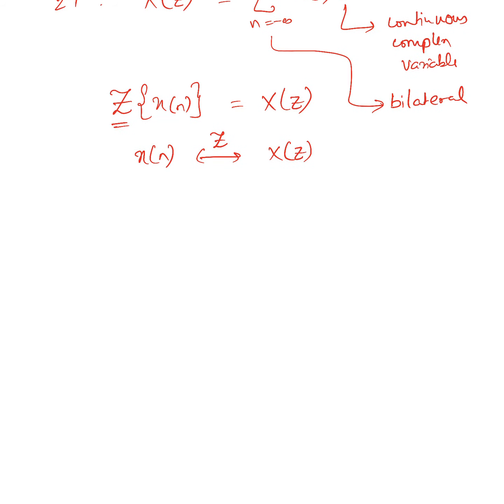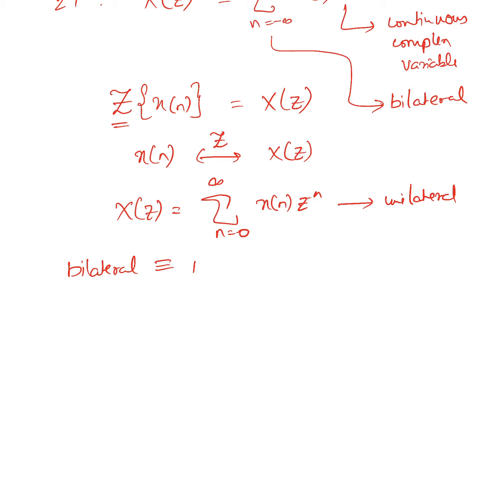While when we use this formula where we have n from 0 to infinity for x of n z to the power minus n, we call it the unilateral Z transform, where n is varying from 0 to infinity. So it is straightforward to see that the bilateral Z transform becomes equal to the unilateral Z transform if you have x of n equal to 0 for n less than 0, right?